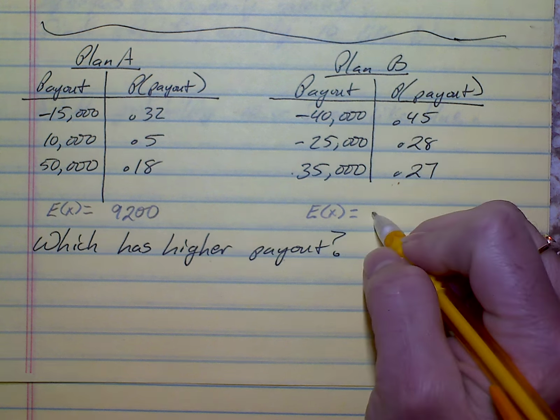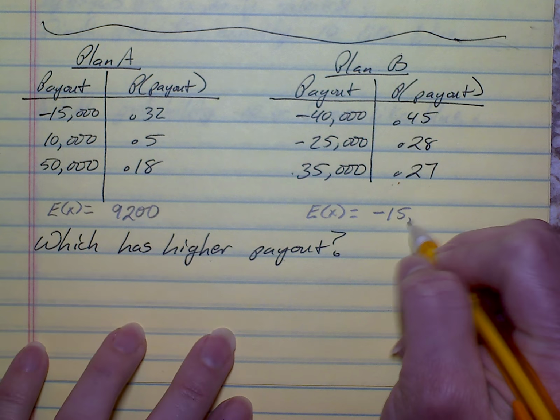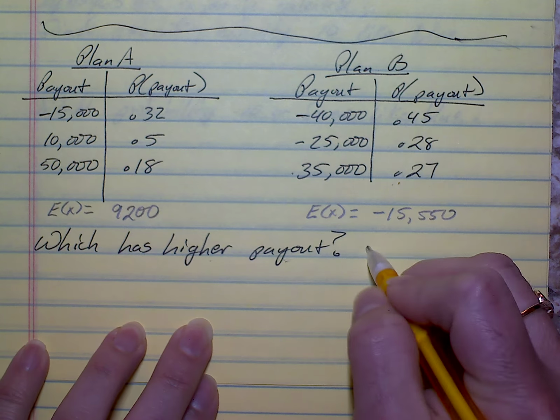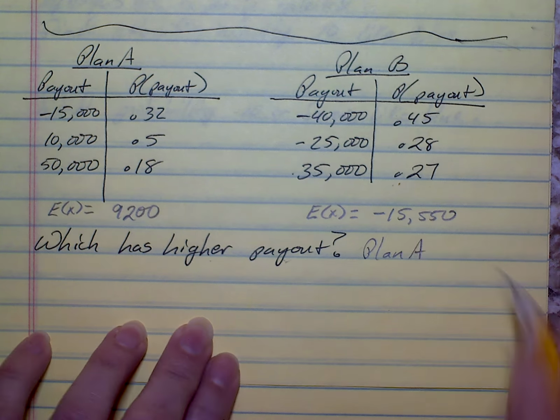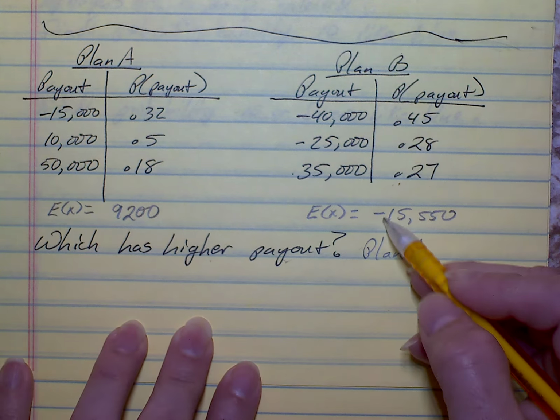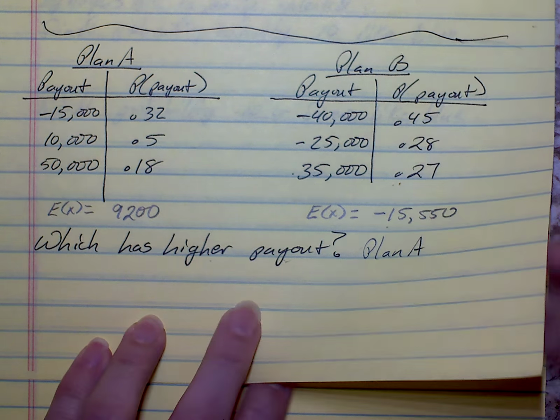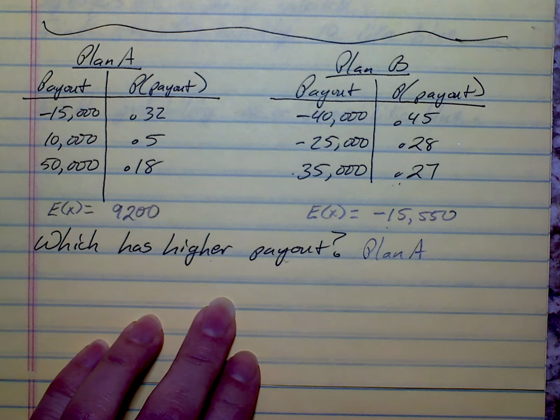And that gets me negative 15,550. So the higher payout, plan A. That one's going to pay more. This one is taking away money. That's a negative payout. So they're taking money from you. Okay? So that's the second thing that you're expected to do in Chapter 5.